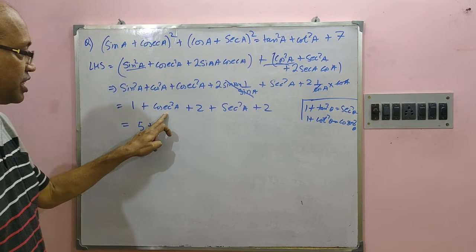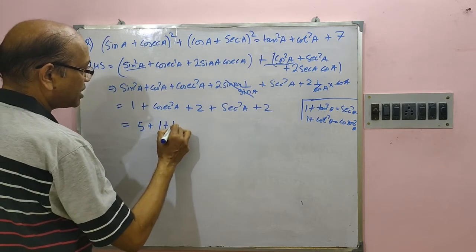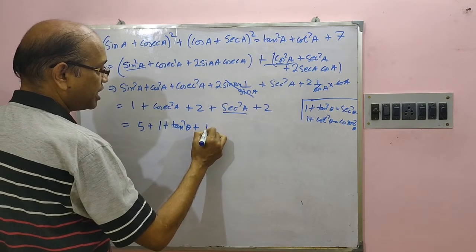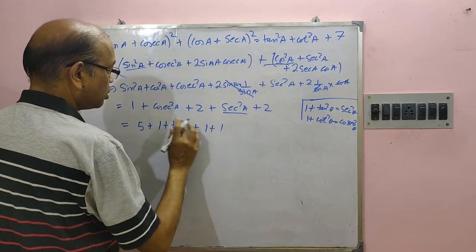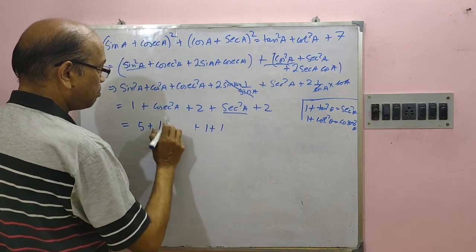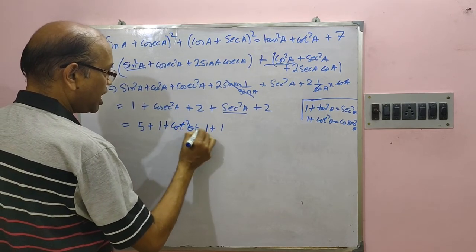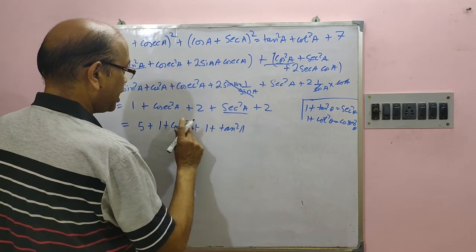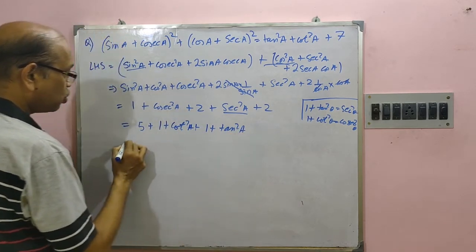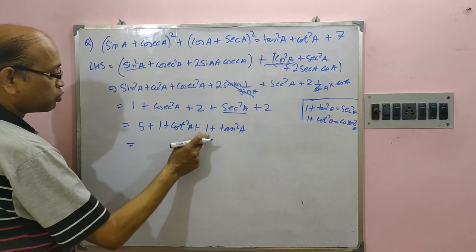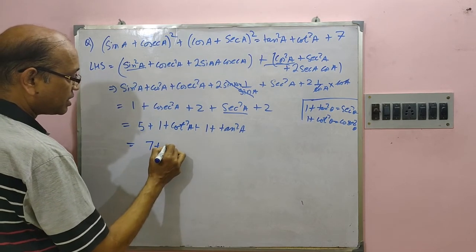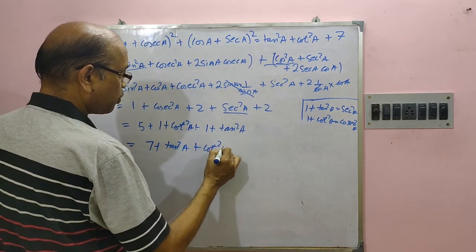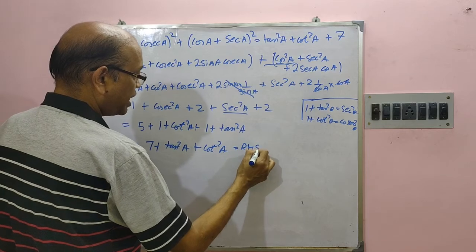Therefore, cosecant square can be written as 1 plus cot square, and secant square can be written as 1 plus tan square a. So here it is 5 plus 1 plus 1, which is 7, plus tan square a plus cot square a, which is equal to your right hand side.